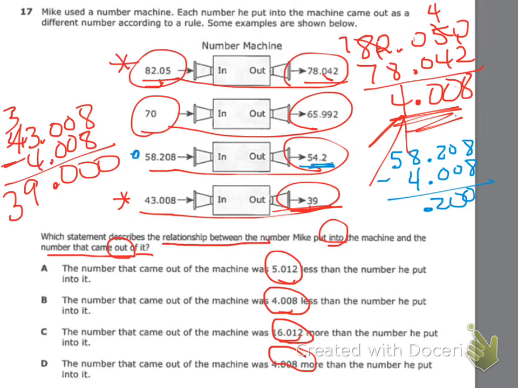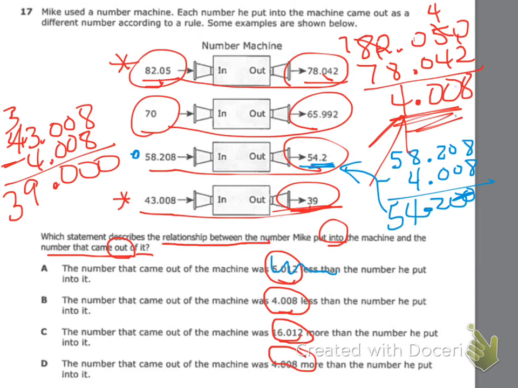Keep the decimal point lined up, 8 minus 4, and it does come out 54.2. Remember, zeros on the end of a decimal number don't change it, so you can actually leave them off. So that did work. So it worked on all of these. All of these are 4.008 apart.